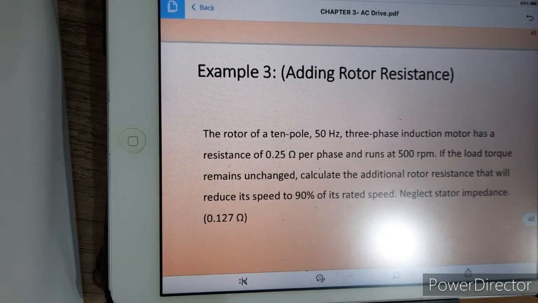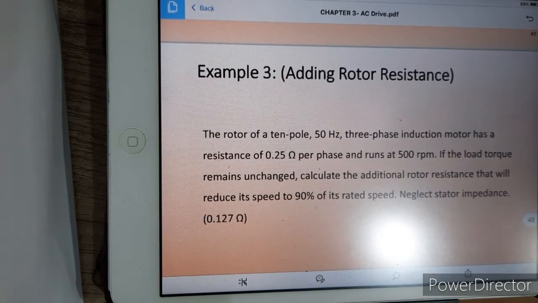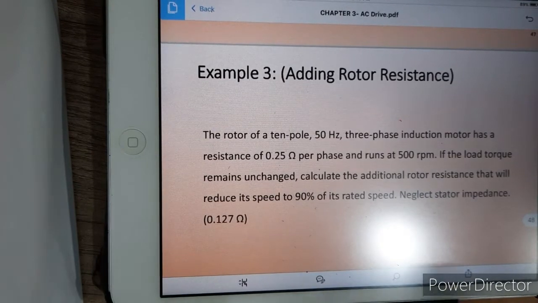The rotor of a 10 pole, 50 Hz, 3-phase induction motor has a resistance of 0.25 ohm per phase, and runs at 500 rpm. If the load torque remains unchanged, calculate the additional rotor resistance that will reduce its speed to 90% of its rated speed. Neglect stator impedance.